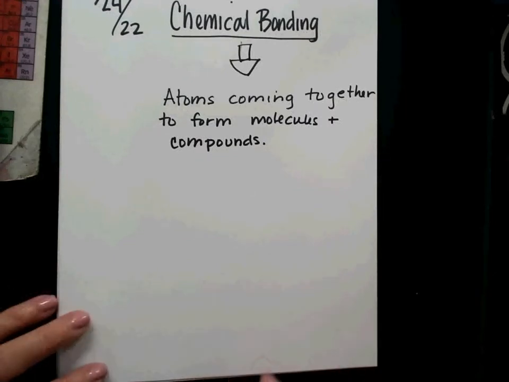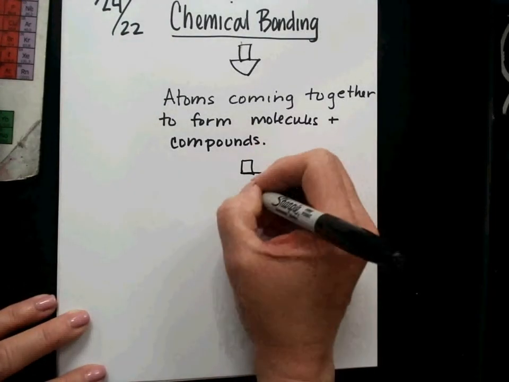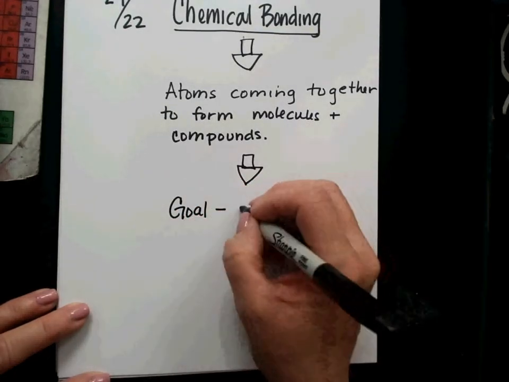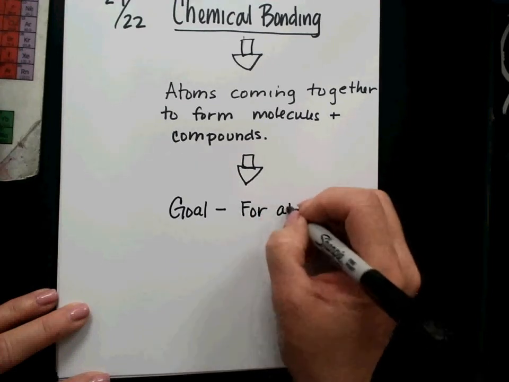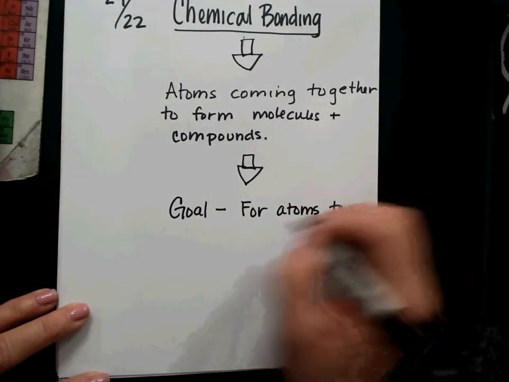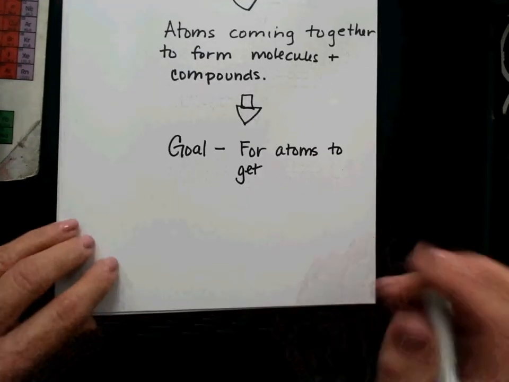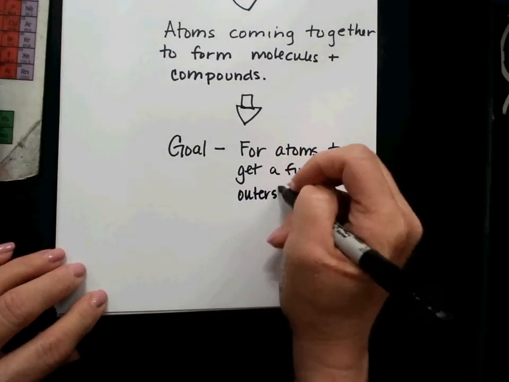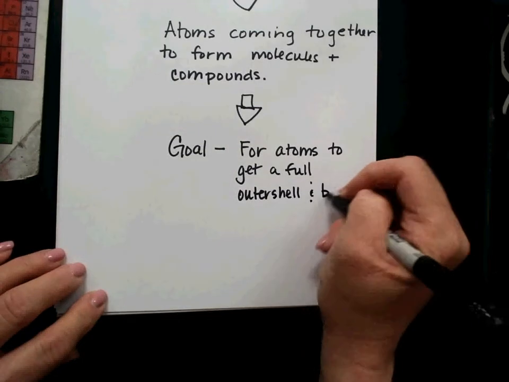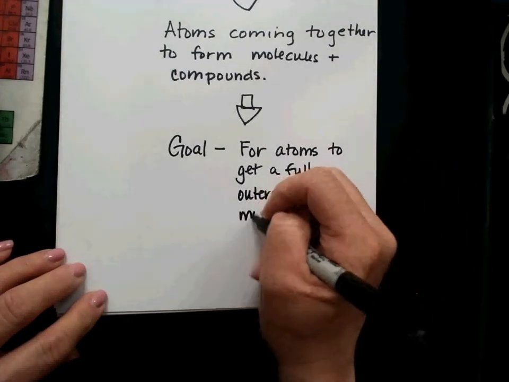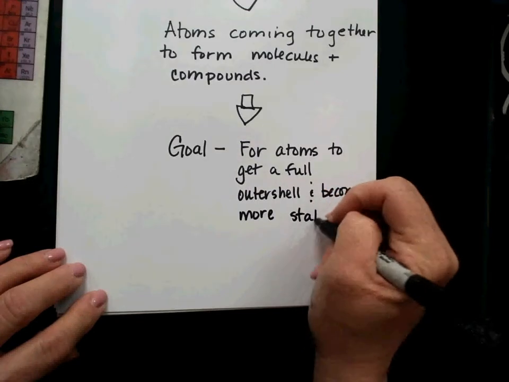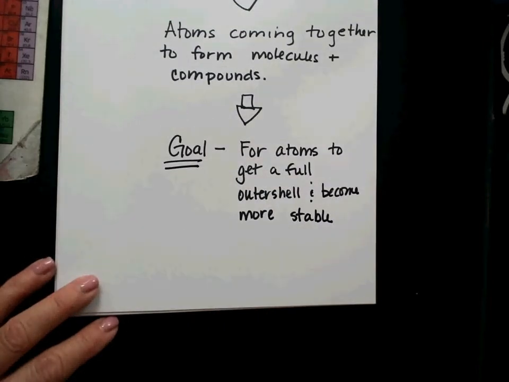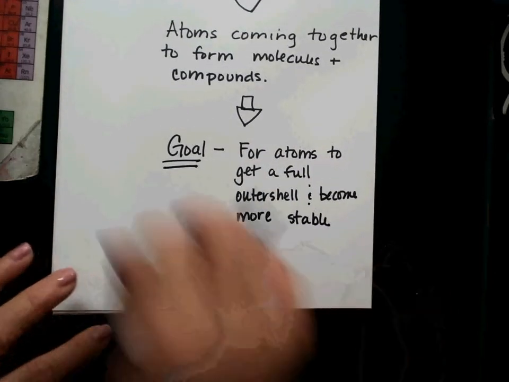The goal, always, of a chemical bond is for atoms to get a full outer shell and become more stable. Always the goal of a chemical bond.